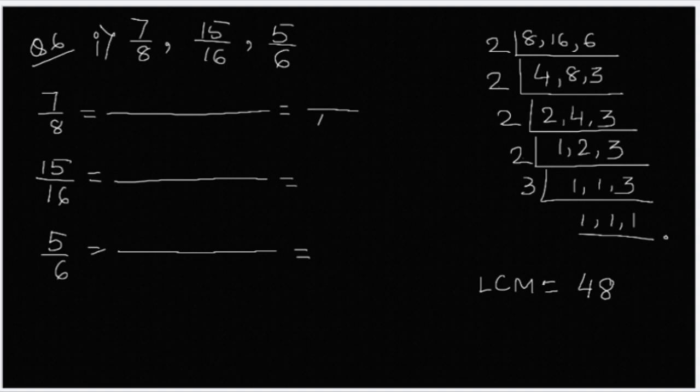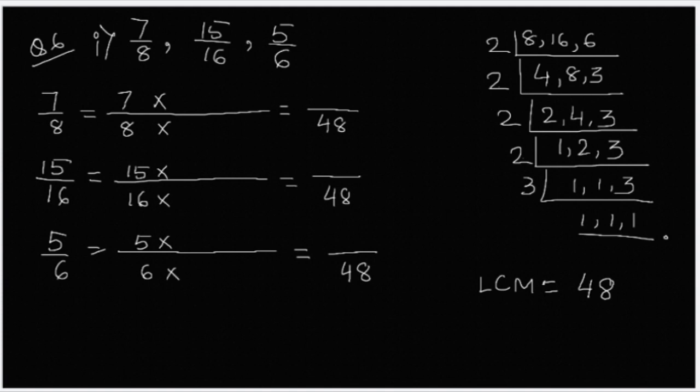So for all, the denominator will be 48. Okay, you need not use a different color of pen. I'm doing it to show it prominently. Then you have to give this one 7 into 8 something, 8 into something, 15 into something, 16 into something. We will find out that one.